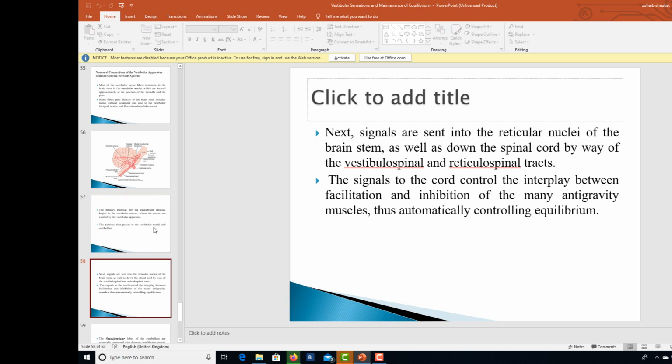Next, signals are sent into the reticular nuclei of the brainstem as well as down the spinal cord by way of the vestibulospinal and reticulospinal tracts. The signals to the cord control the interplay between the facilitation and inhibition of the many anti-gravity muscles, thus automatically controlling equilibrium.